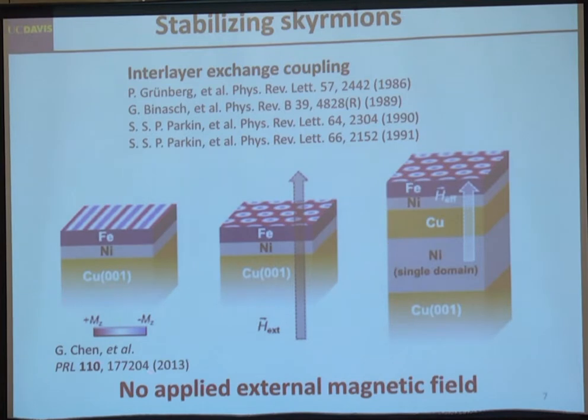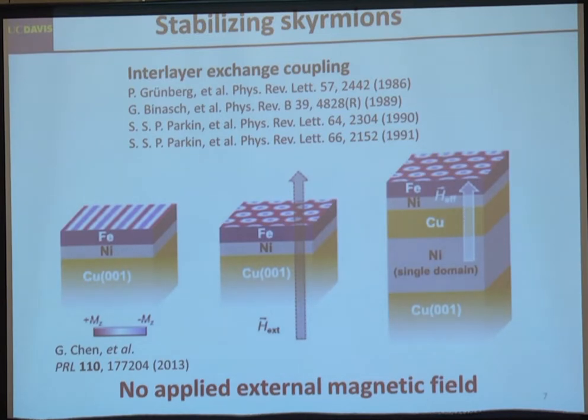Our idea was: can we use interlayer exchange coupling as a virtual magnetic field to help stabilize the skyrmion phase? We already knew that if we grow an iron-nickel bilayer on top of copper, we get a stripe phase with chiral walls, like spirals. With the correct temperature and the correct amount of field, you would expect that you might stabilize the skyrmion phase.